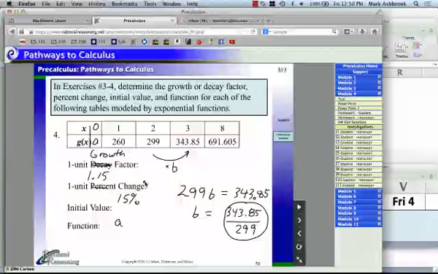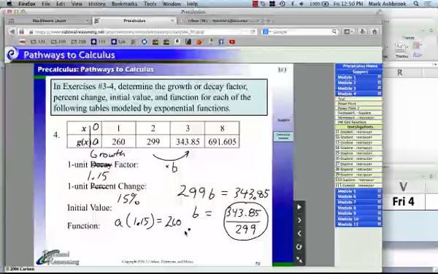We divide by 260. That's right. So if we took A, how would we get 260 from A? You'd multiply it by 1.15. If you took A and multiplied it by the growth factor, it would give you 260.